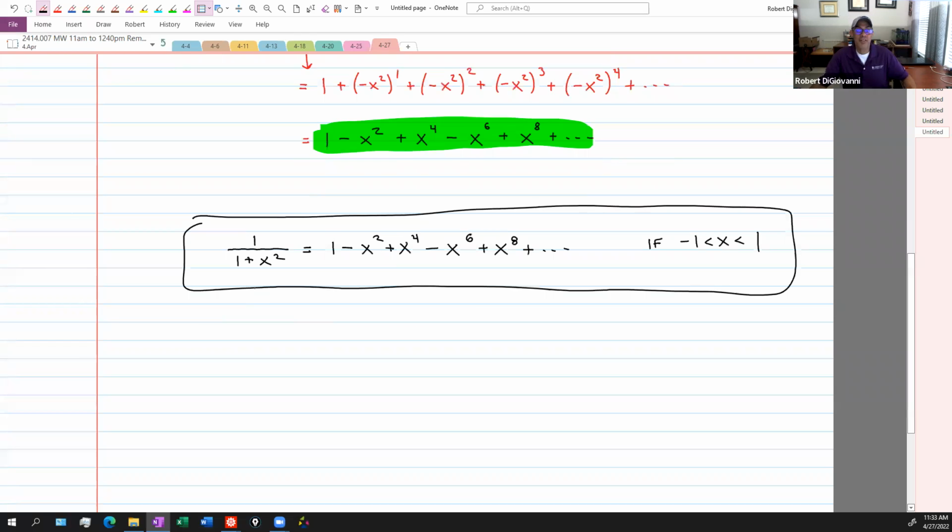So let's see if this is actually true. What I'd like for us to do is let's try x equals a half, and you'll need a calculator for this. If I plug in 1 over 1 plus 1/2 squared, let's do that on the left side. This is 1 over 1 plus 1/4.